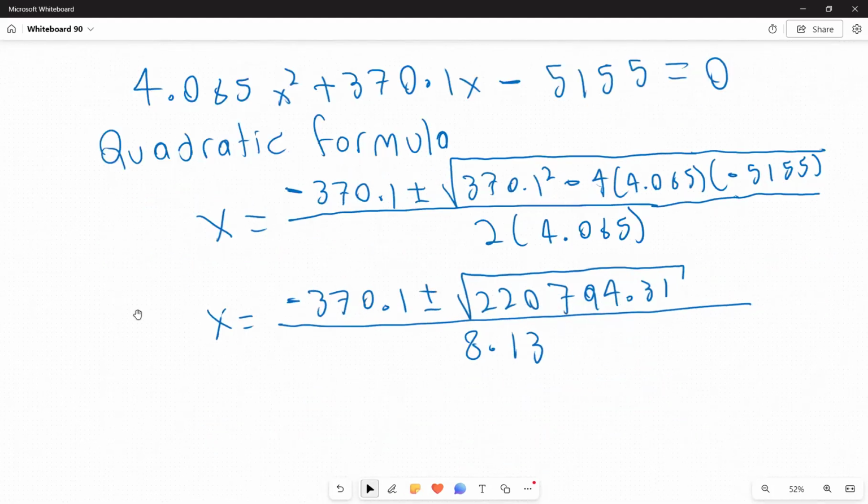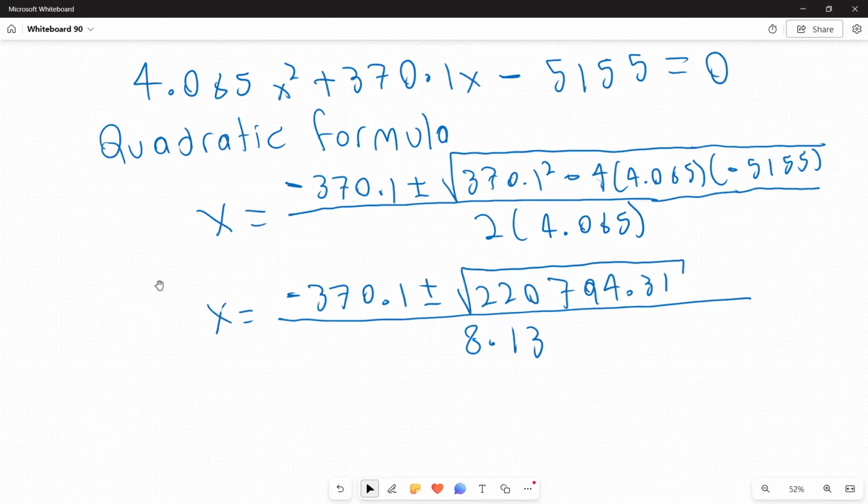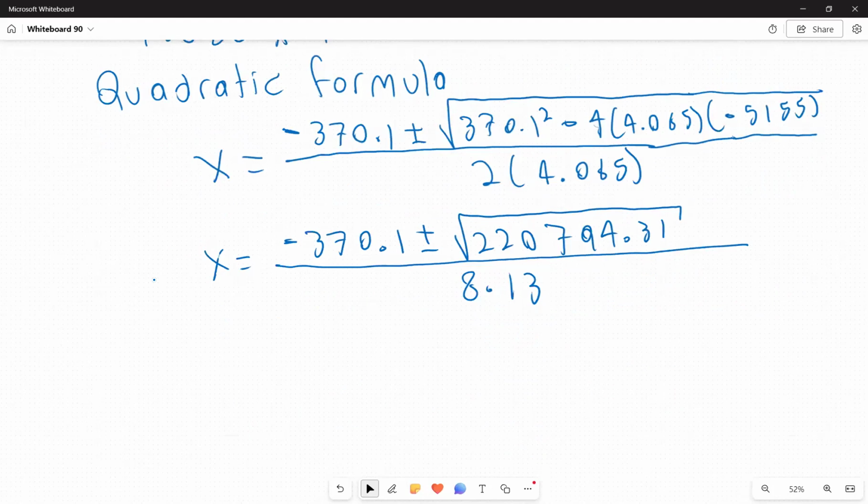So that's going to leave us with two possible solutions. One is negative 370.1 minus the square root of 220,794.31, over 8.13.